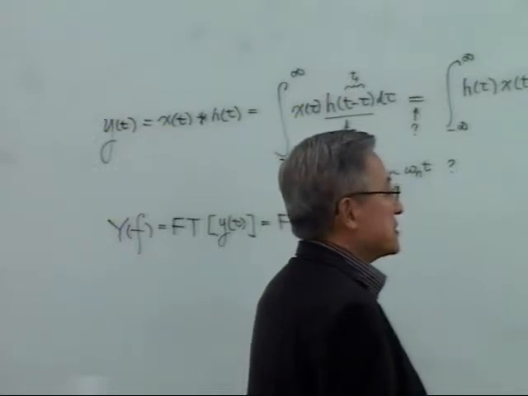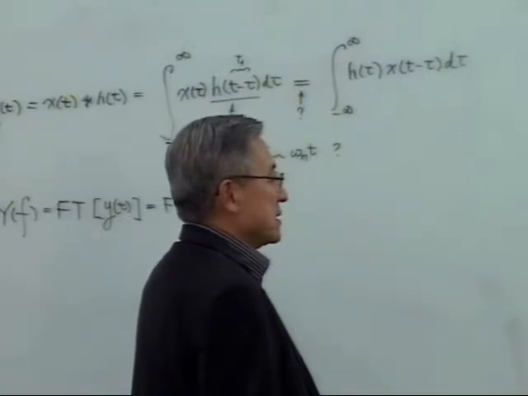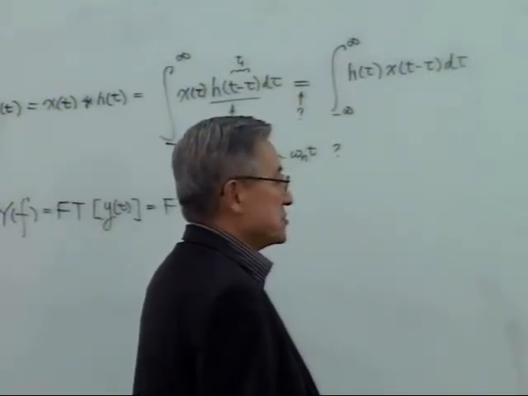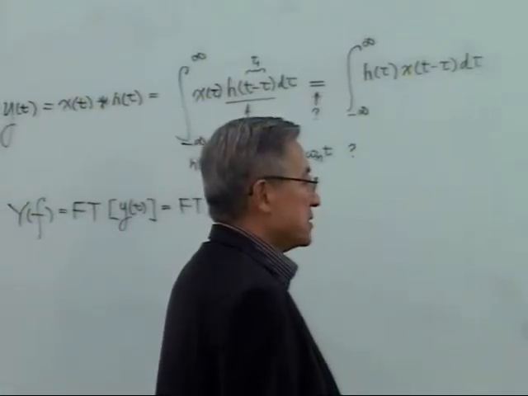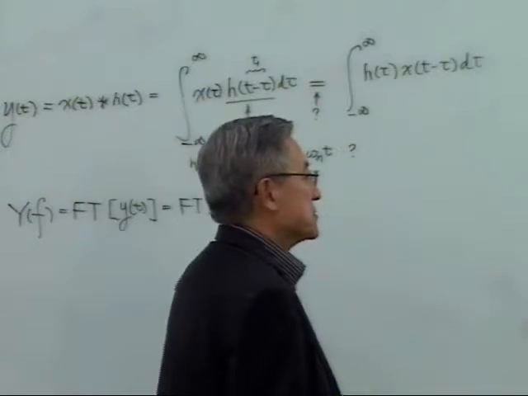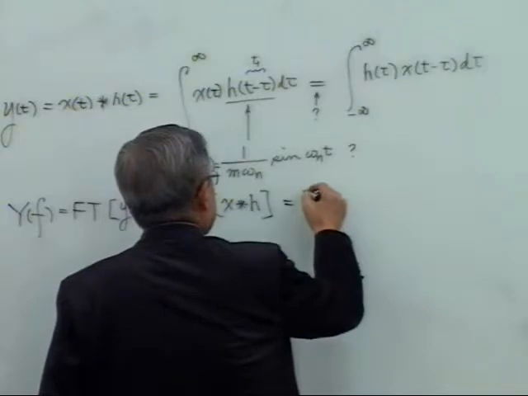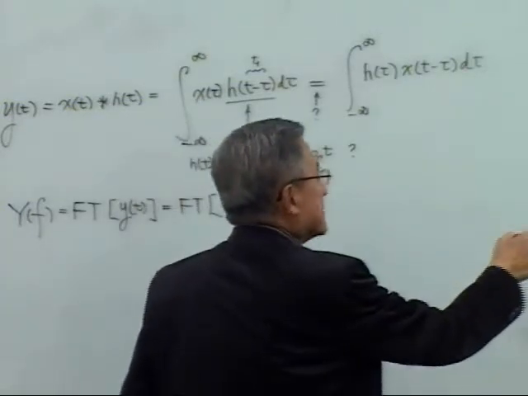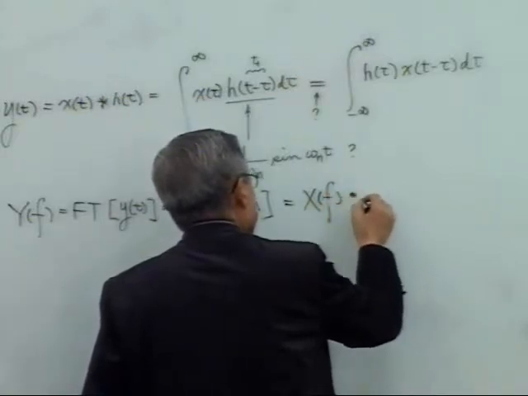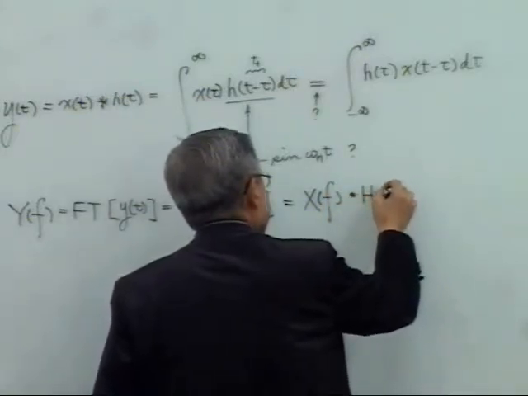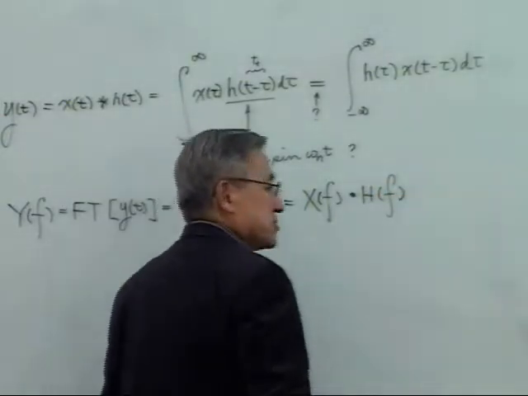Then when you take a Fourier transform, this is in the time domain, the convolution goes to the multiplication, time domain and frequency domain. You see? So here becomes X, which is of course a frequency domain, multiplication, and H, or this multiplication is commutative.